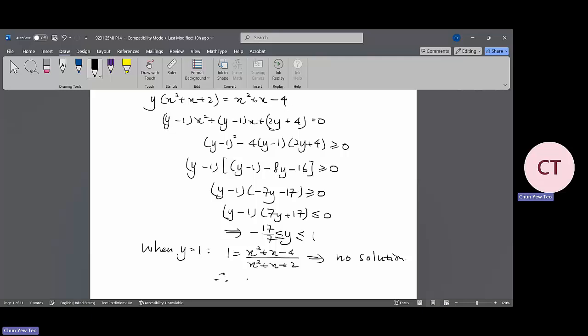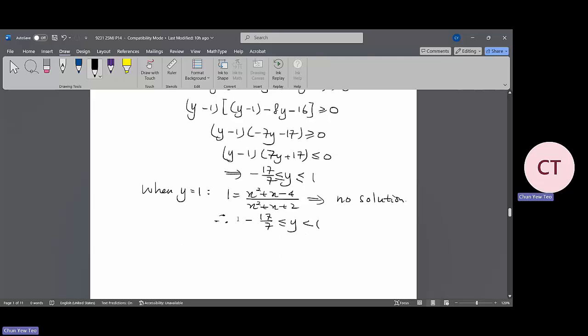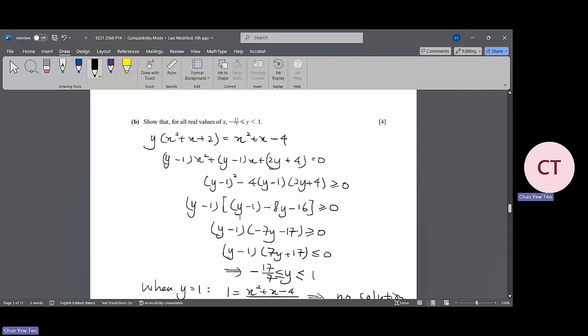Therefore, y is between negative 17 over 7 and 1, not including 1. That is the answer for B.